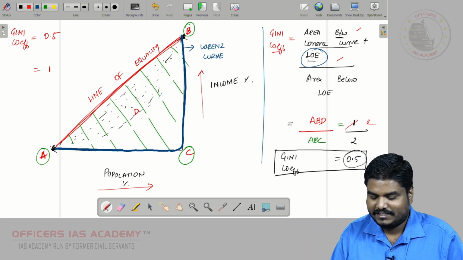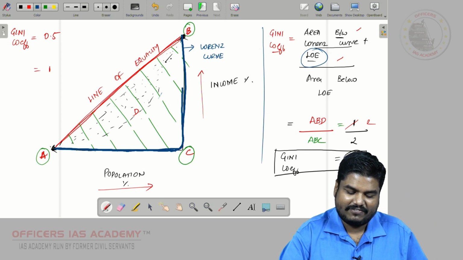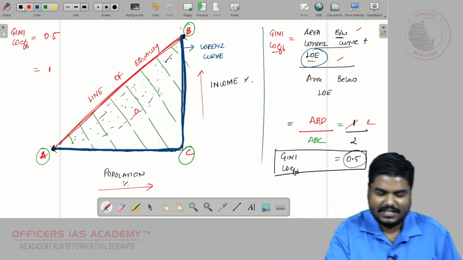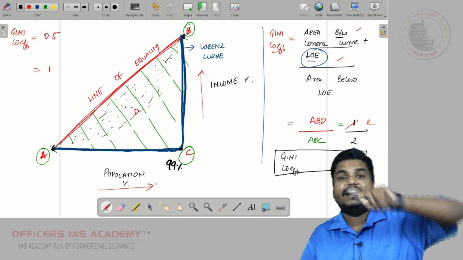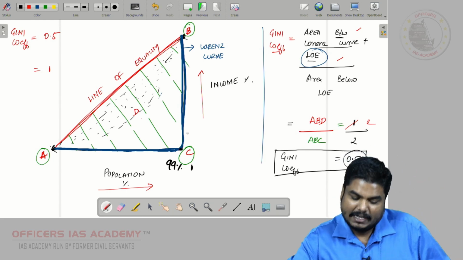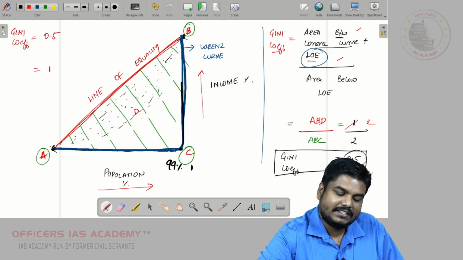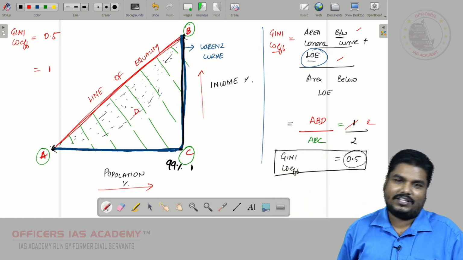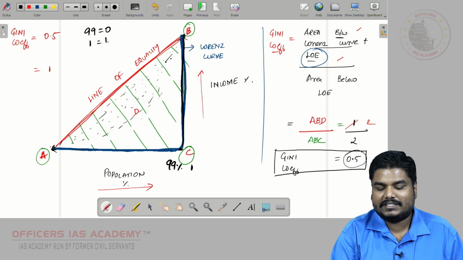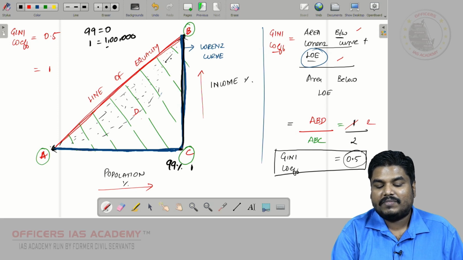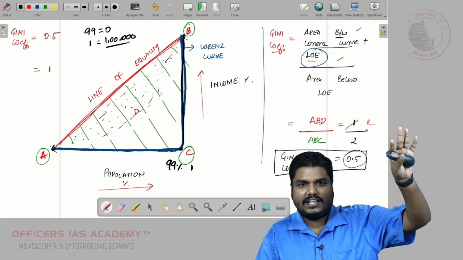So what does this blue signify? This means that almost 99% of the population are earning 0, and just the last 1% are earning the entire amount. So 99 people are earning 0, and only one person is earning 1 lakh rupees. This is the highest form of inequality.